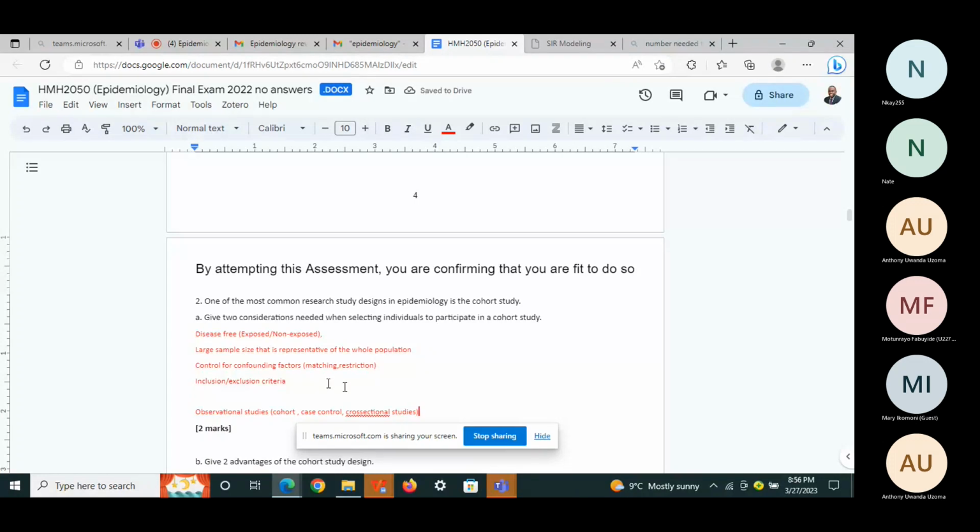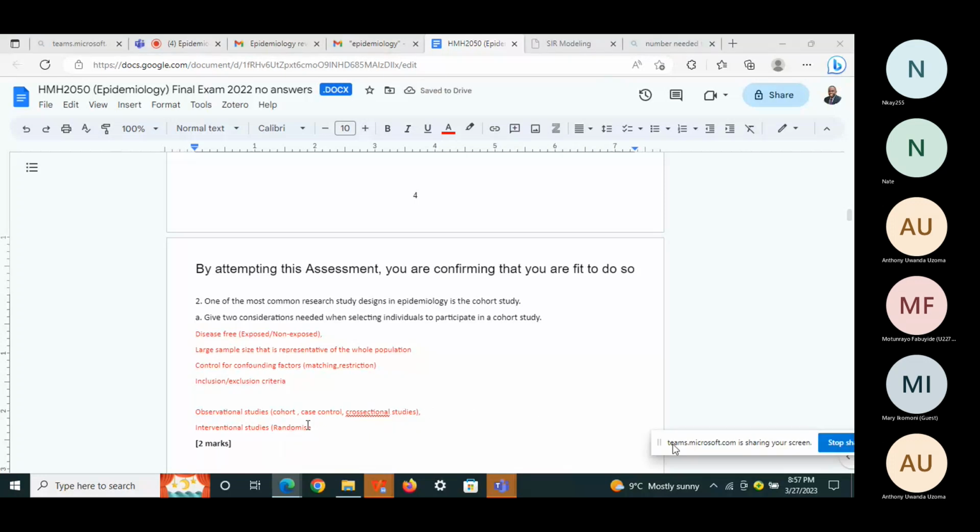But if you go beyond these observational studies, then you enter the next level, which is called what? Interventional studies. And here what you have is your randomized controlled trial. That's what you have here, majorly. There are other types, but you don't need them.